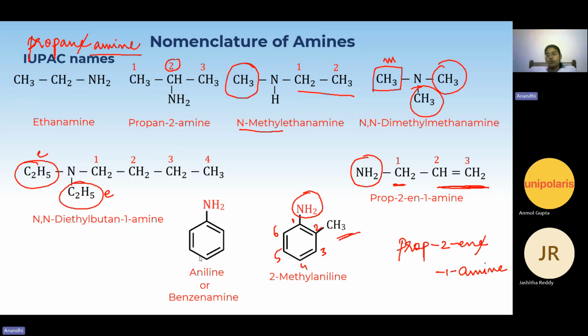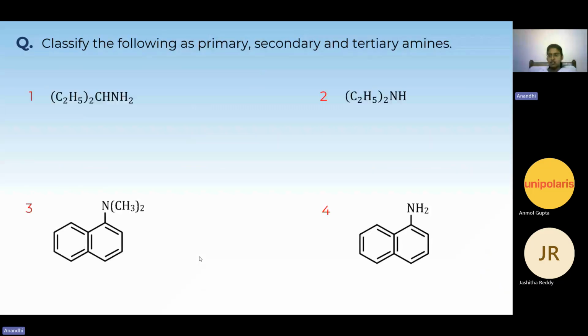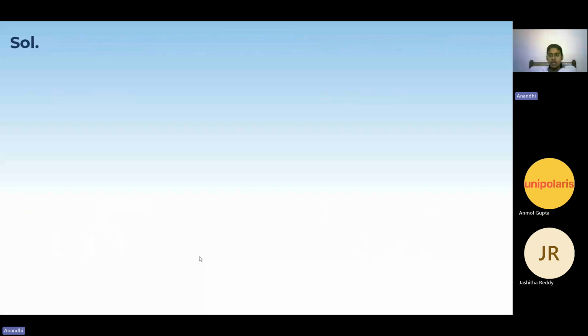Do you have any doubt here? Shall I give you one question? Classify the following as primary, secondary and tertiary. I have four compounds on my screen. Can you find the answer for each? The first one is primary because it has NH2.